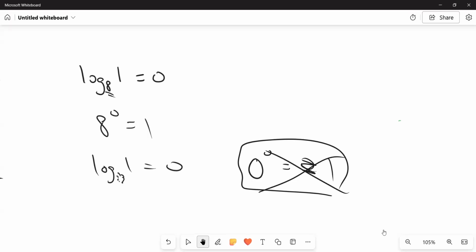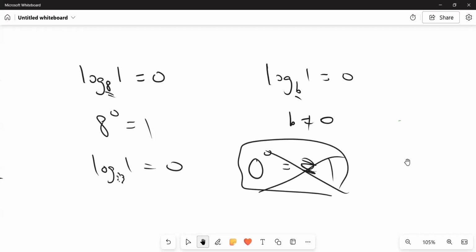So the general rule is that the logarithm of 1 with any base is equal to 0. And remember, b must not be 0.